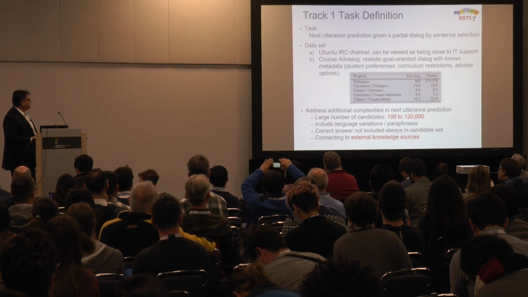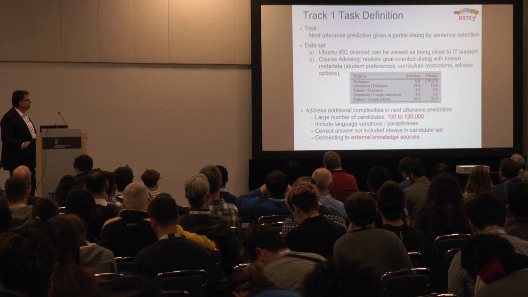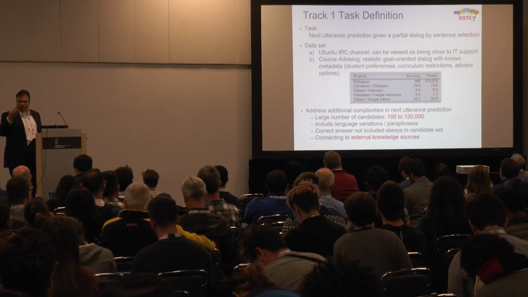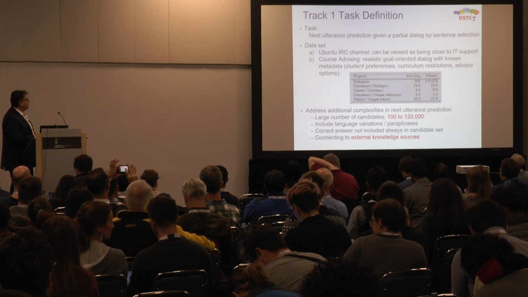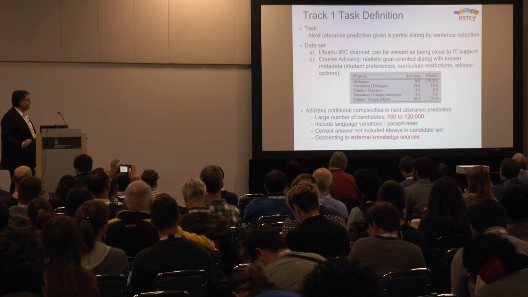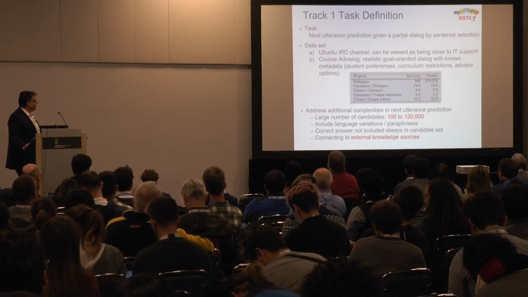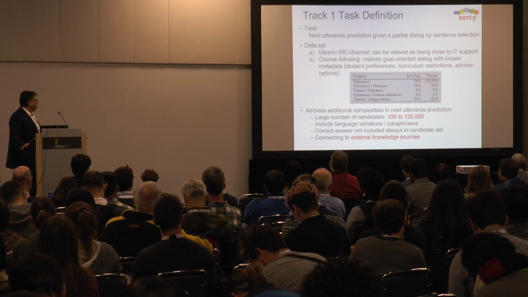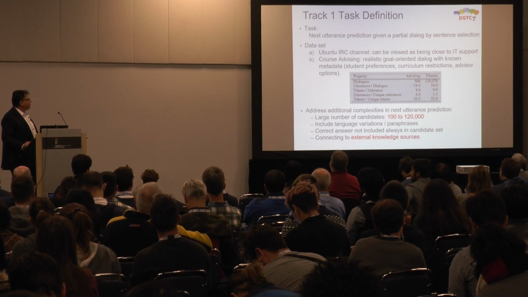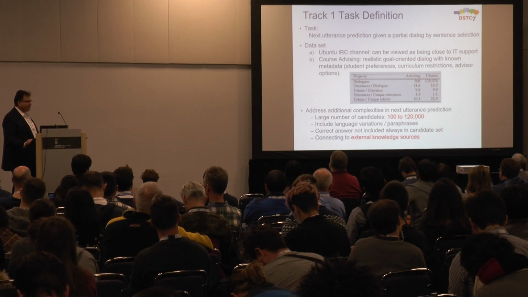So what is the task? As Chiori said, it's next utterance prediction given a partial dialogue, by sentence selection. So you select the correct answer from a list. We released two new data sets. One is an improvement on previous data sets that were produced from the Ubuntu IRC channel, which we can view as being close to IT support in some sense, so it is close to a real case scenario.